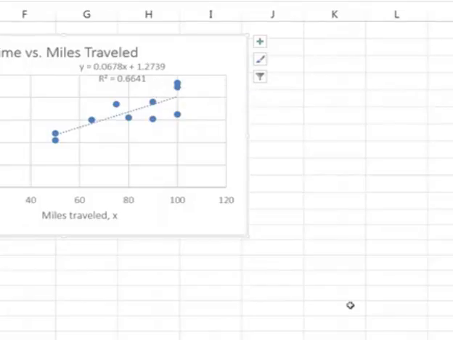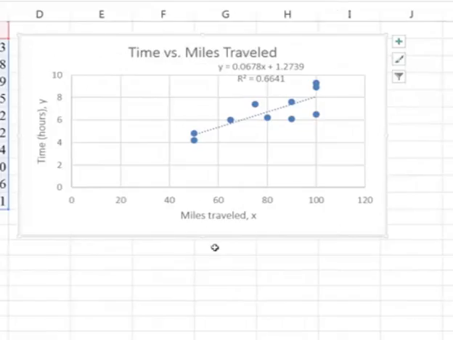So you could see here there is some relationship. When the x value is going up, that is, if I travel more miles, then the time it takes is also going to increase. So increasing the miles traveled tends to be associated with an increase in the number of hours.